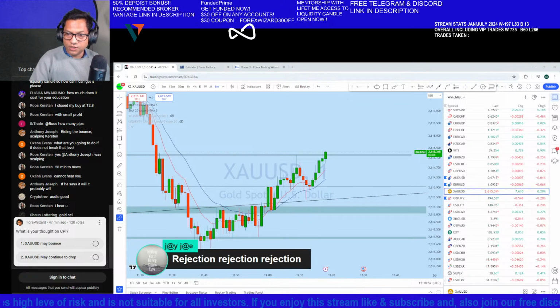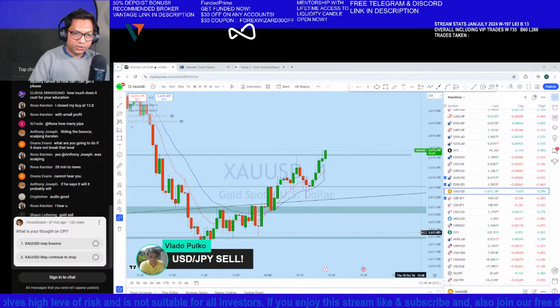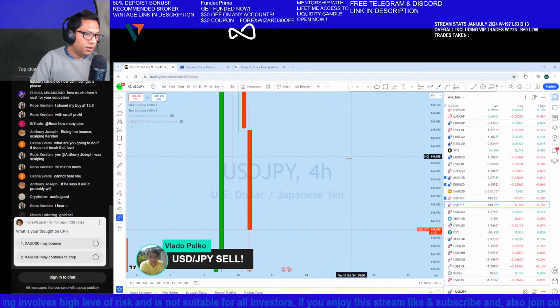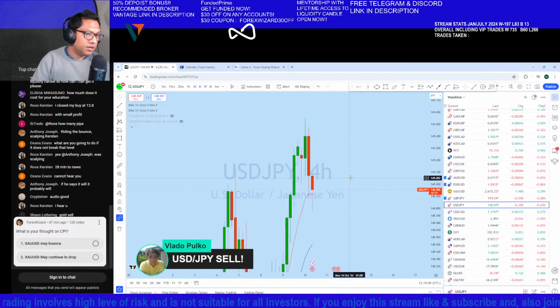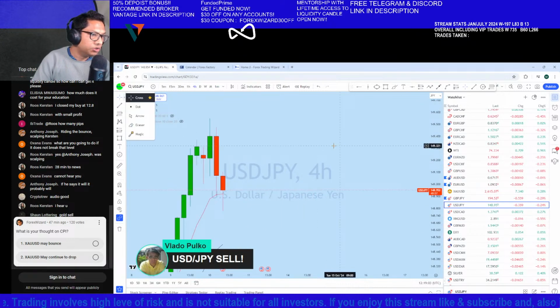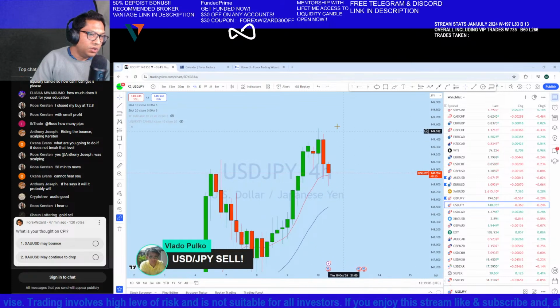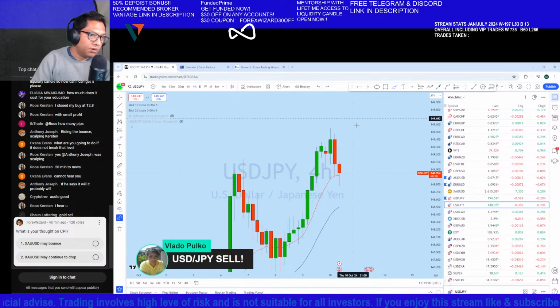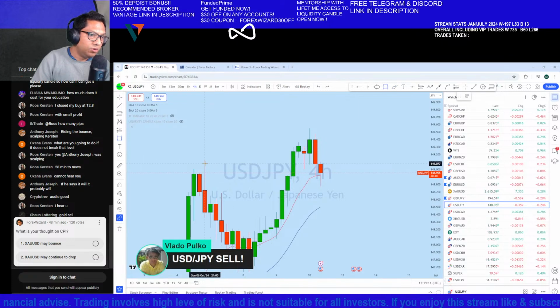Dollar CAD buy or sell, dollar yen sell. Okay, so let's see what's happening with dollar yen on the 4-hour time frame. This is dollar yen from the intraday perspective, and it is pretty strong bearish price action.